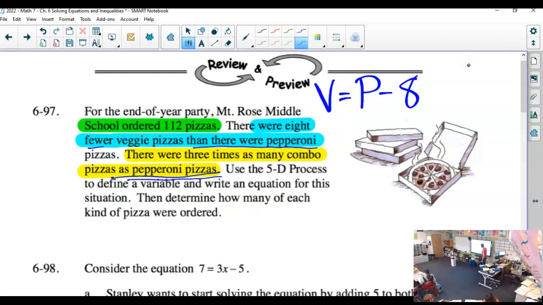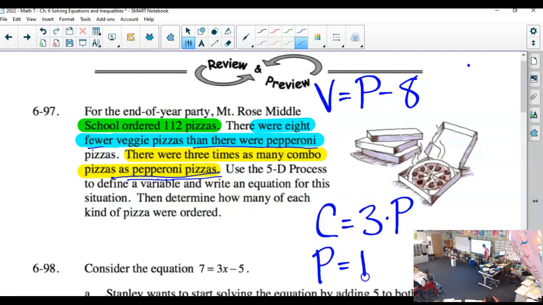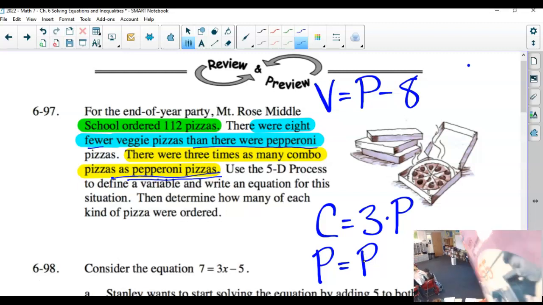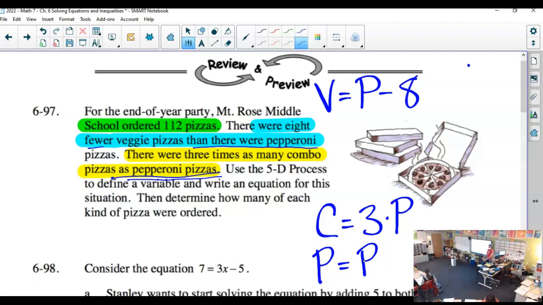So, combo is 3 times P. And then the other thing we want to make sure we write down, P is P. Not PSP, although I don't even know if that's a game system people use anymore. Pepperoni equals pepperoni.